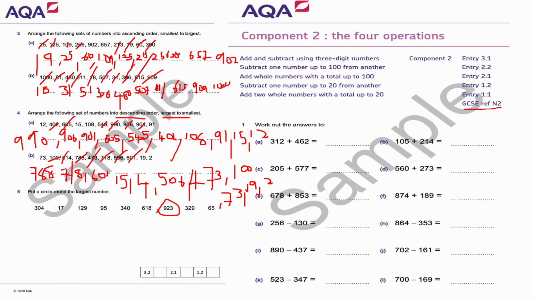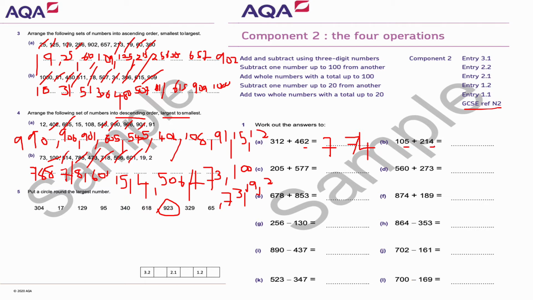Question number 1A, so it's adding numbers. So 312 add 462. So line them up in columns. 2 add 2 is 4, 1 add 6 is 7, and 3 add 4 is 7. So we've not got a lot of space, so hopefully you are able to follow me horizontally. 105 plus 214.